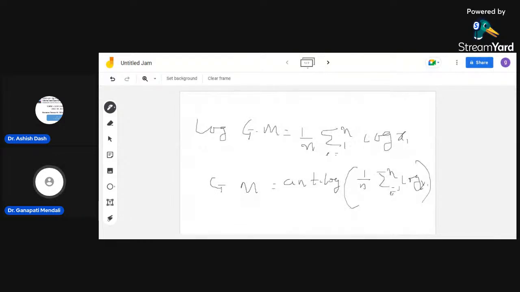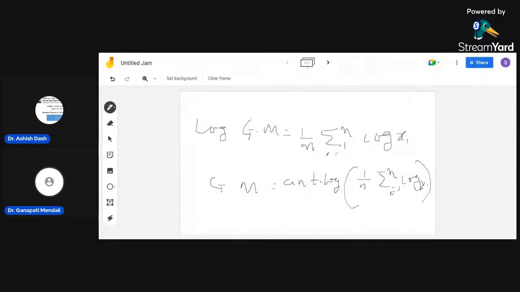Now suppose we want to calculate the wholesale price index or the consumer price index, the price index that we calculate to measure the rate of inflation in our country, maybe based on WPI or CPI.